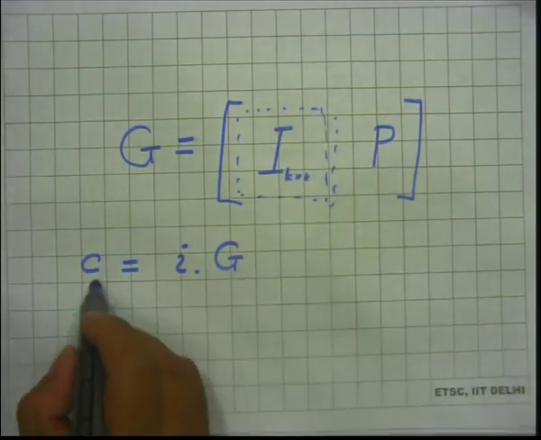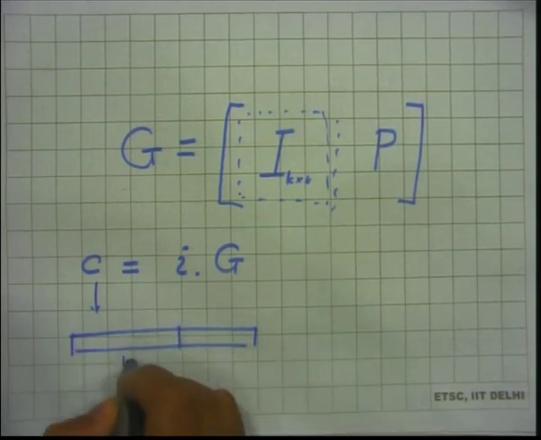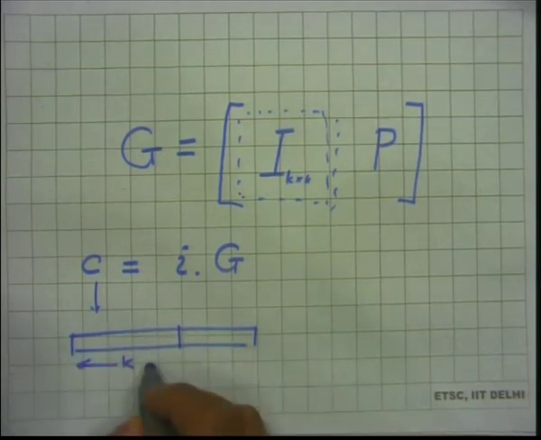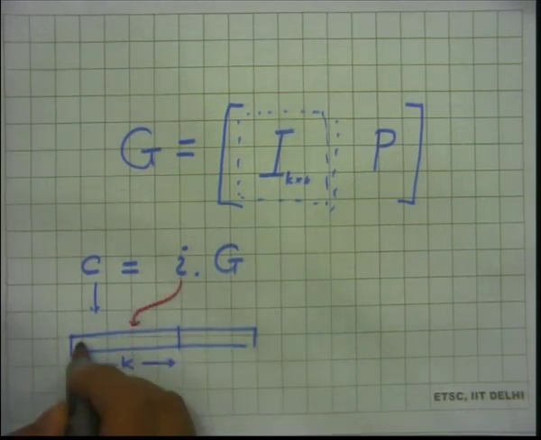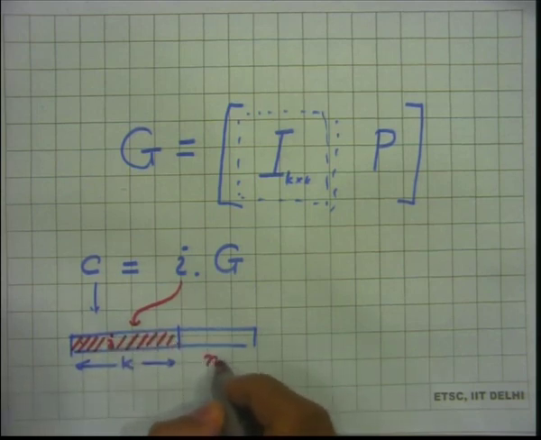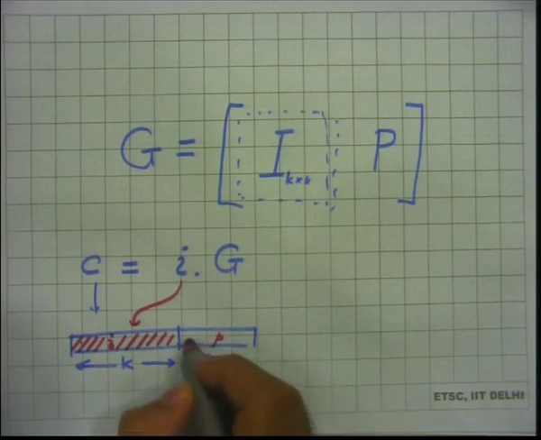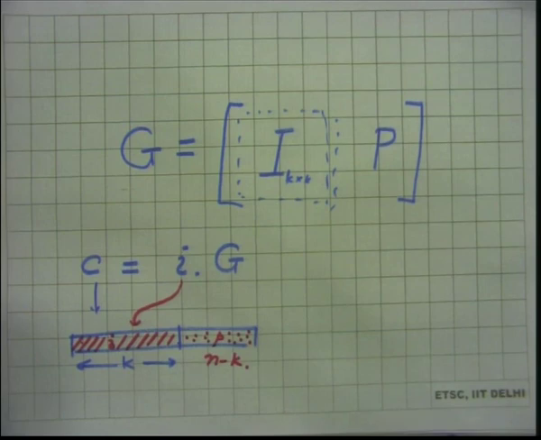the first k elements of this code word will definitely be I. And this n minus k will be the parity P. This is simply because of the construction of this G matrix in the systematic form.